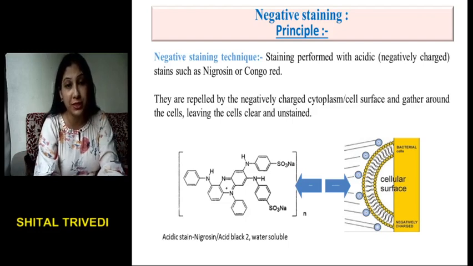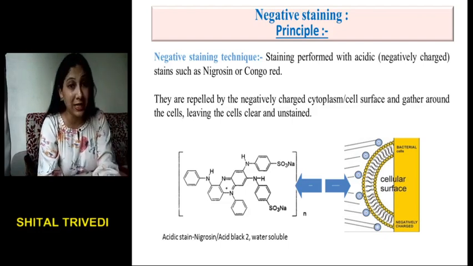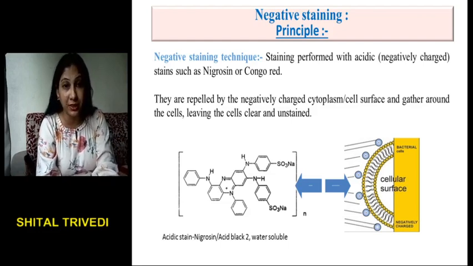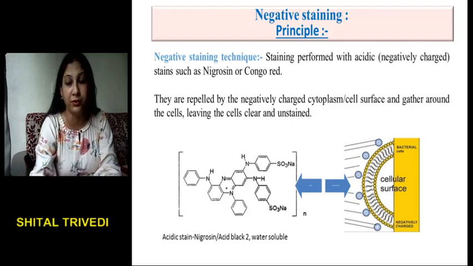So the stain is repelled from the microorganism and gathers around the cells, resulting in staining of the background instead of the organisms. So we can observe colorless microorganisms against the colored background.